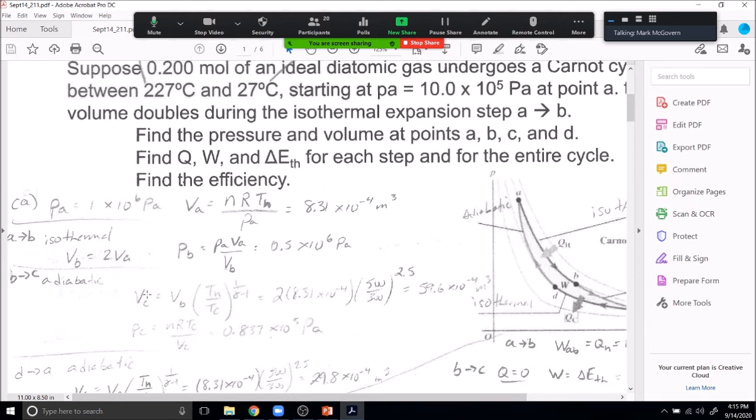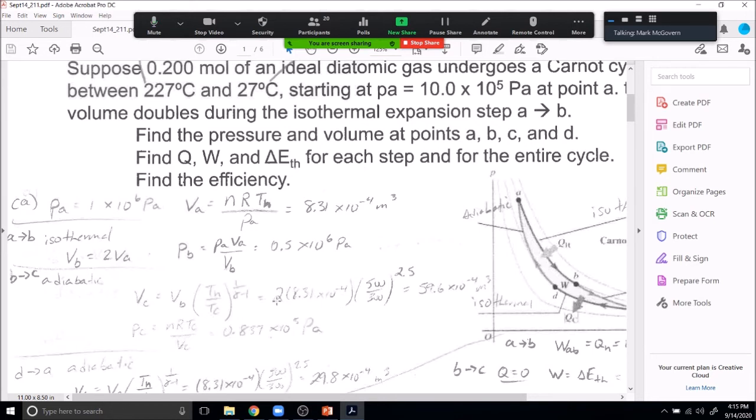My volume can be determined based on the adiabatic relationship with temperature. So this equation, you should remember, is V times T, where the volume V has the gamma minus 1 exponent. So if I put that over to the temperature, I get a 1 minus gamma over 1 here. So I'm going to put these numbers in.